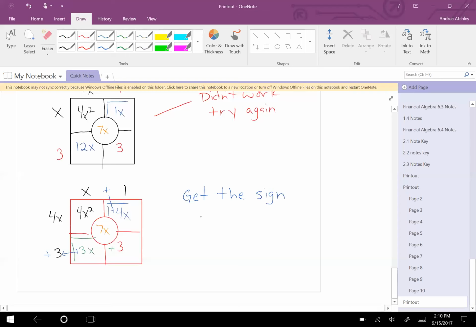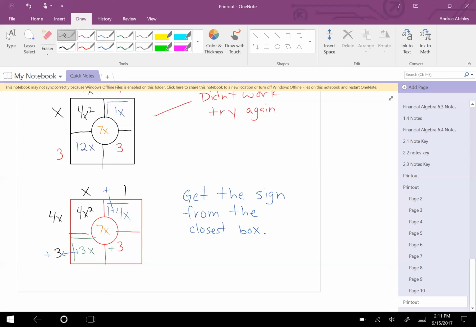You're going to get the sign from the closest box. So the closest box is the 4, and it's positive, so this is positive. Here, the closest box is 4, and it's positive, so this is positive. Closest box, positive. Closest box, positive. Make sense?